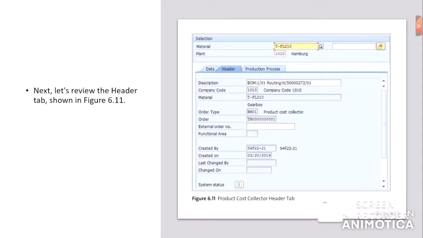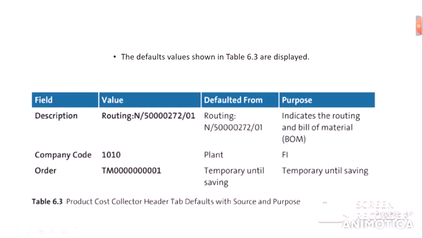So now let us review the header tab shown in this figure, the product cost collector header tab. We have the description and the company code, material, order type, and the order, who created this, and created on date. The default values shown in this table are displayed.